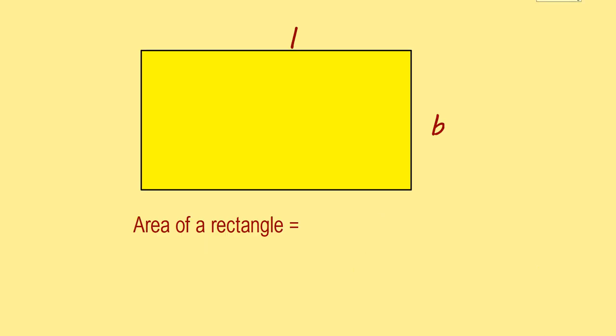Let L be the length and B be the breadth. How will you find out the area of a rectangle? Yes, it is length into breadth. If the length is x and breadth is y, how will you find out its area? Yes, it is x into y.